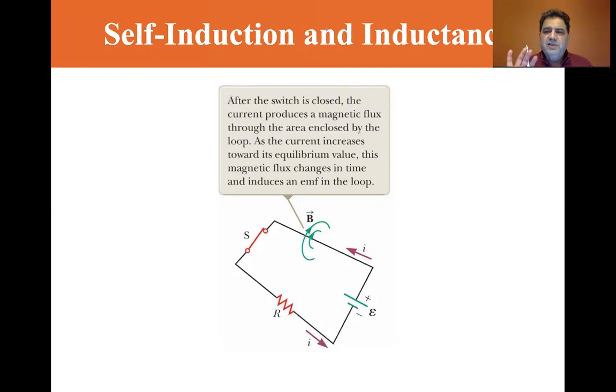If you recall Lenz's law, as the magnetic field is increasing, it's going to try to induce a reverse magnetic field, and it induces its own EMF in the loop just from the changing magnetic field, based on Lenz's law.